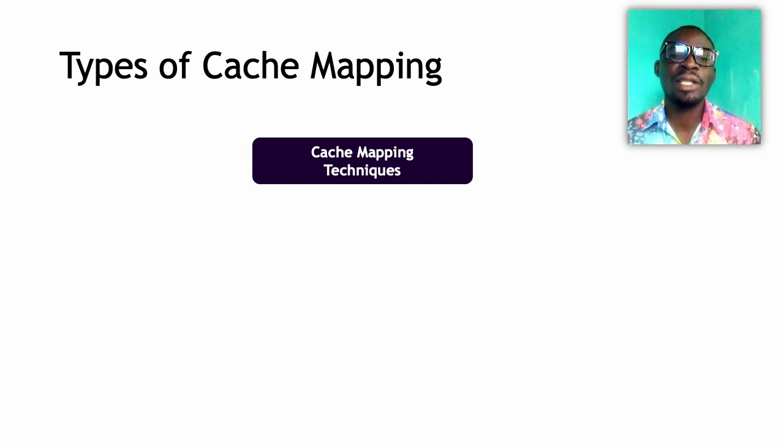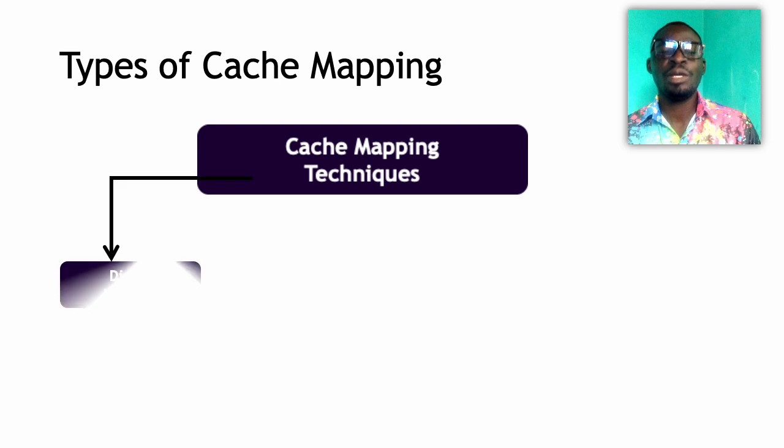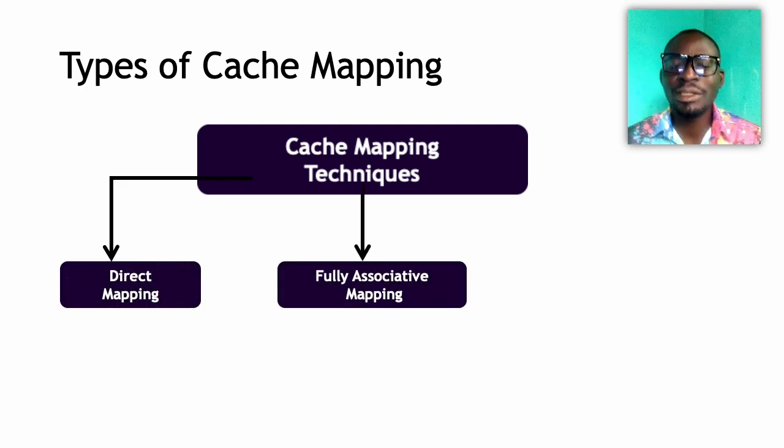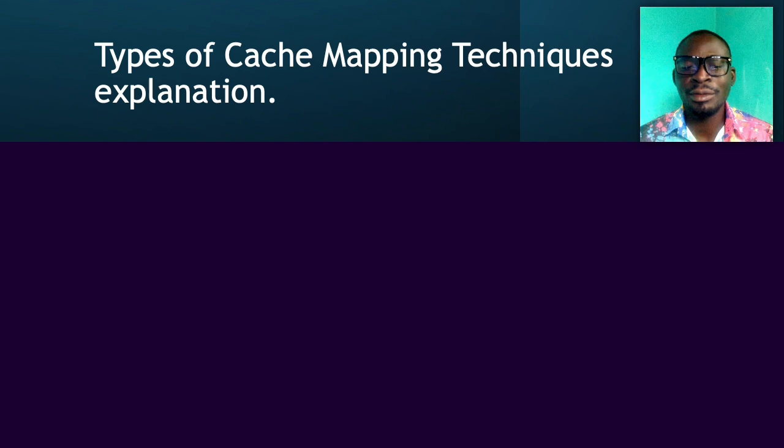Let's look at the techniques involved in cache mapping. We have the direct mapping, the fully associative mapping, and then the set associative mapping. Without wasting much time, let's understand how they are being applied.